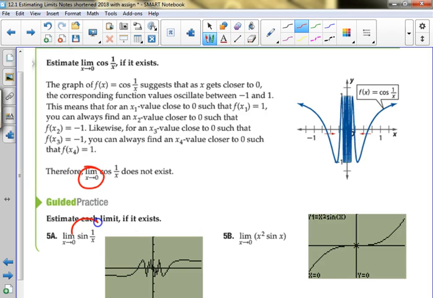Here, this is sine of 1 over x. Again, I graphed it on my graphing calculator, zoomed in, and this is what I got, so the limit does not exist. This graph, okay, at 0, well, at 0, it's at 0. On either side of it, it's very close to 0, so this would have a limit of 0.